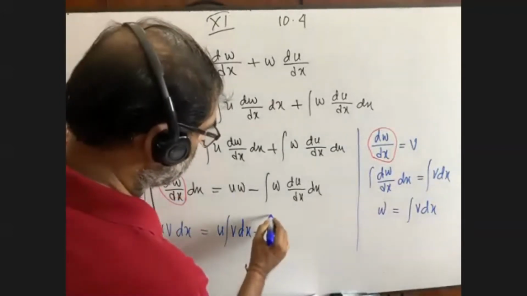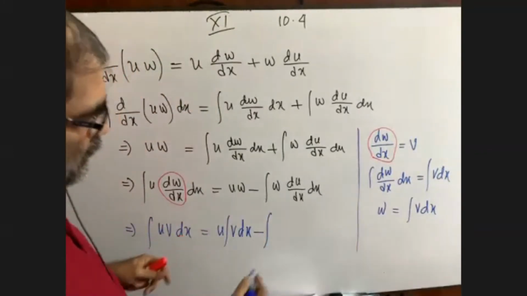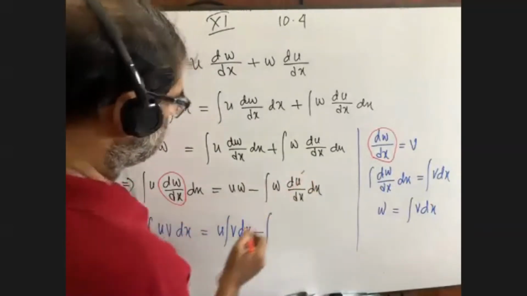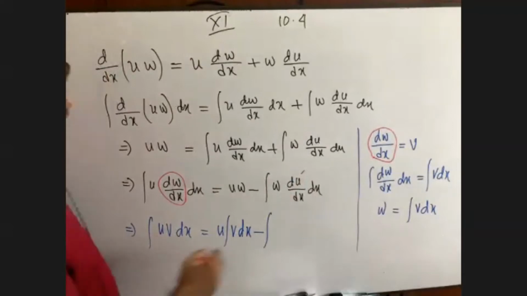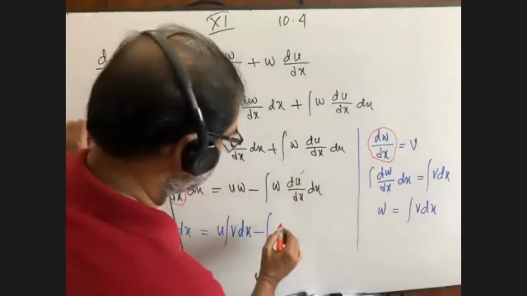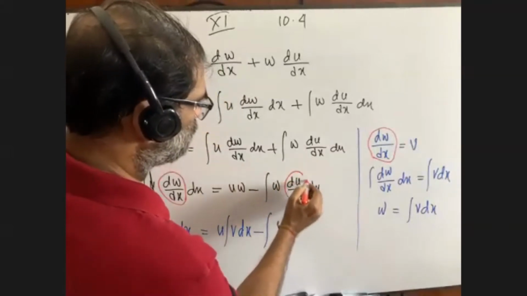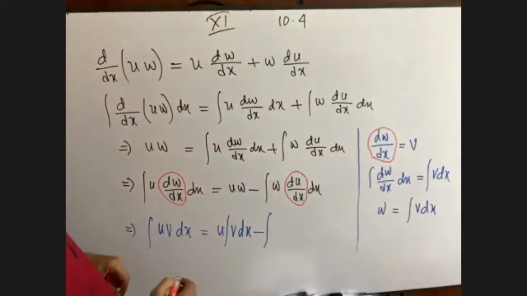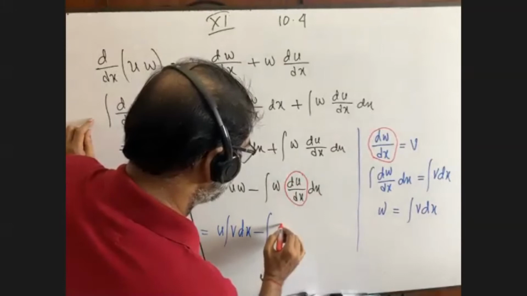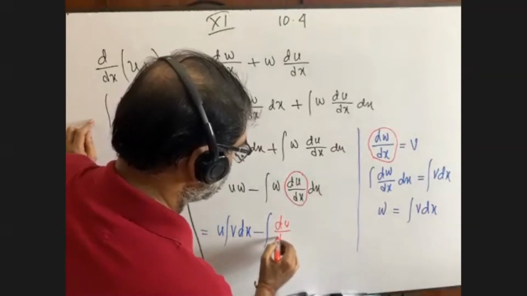So integration sign first, we should write down this part as it is u. So we are going to write down this part first, that means this only du by dx. This du by dx will be written first. Write down du by dx.